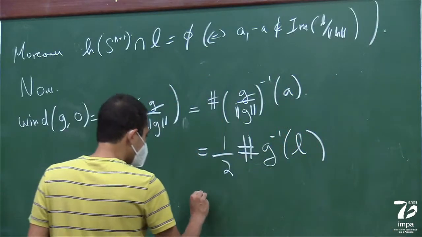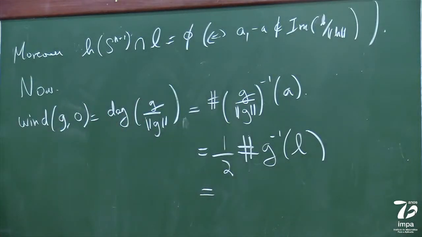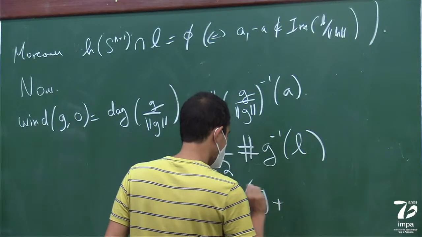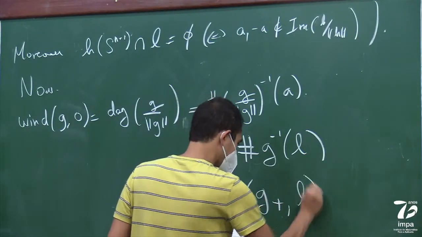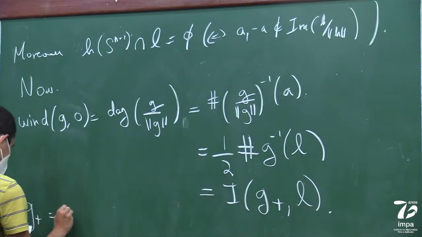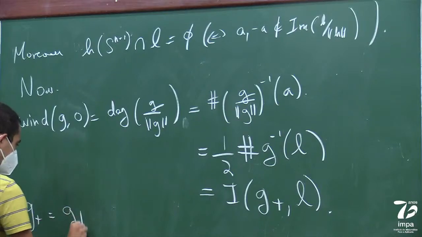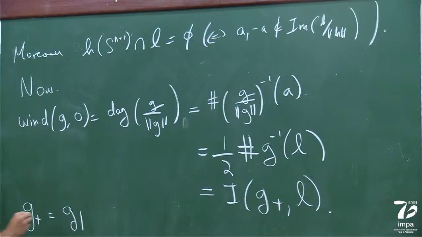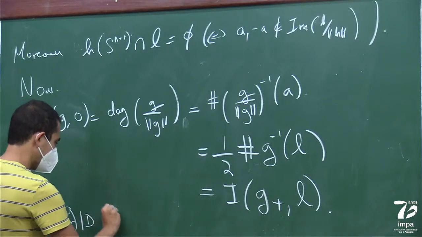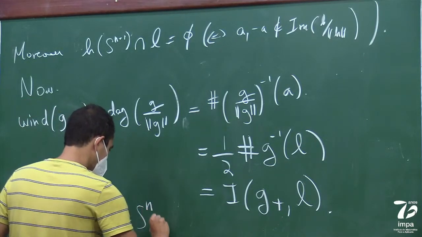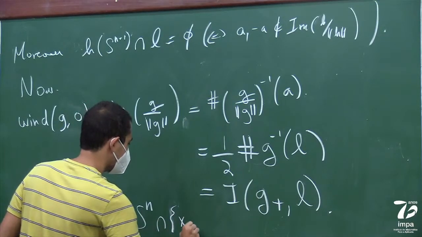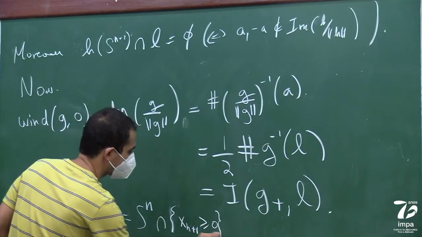And now, this is basically the intersection number of some function that I'll define in a bit, g plus, with the curve L, where g plus is the restriction of g to the upper hemisphere D, say x n plus 1 bigger than or equal to 0.